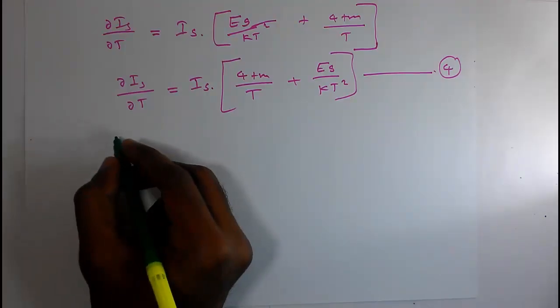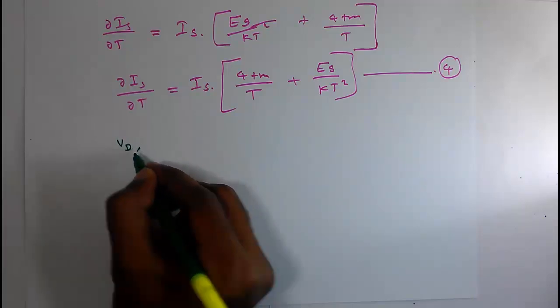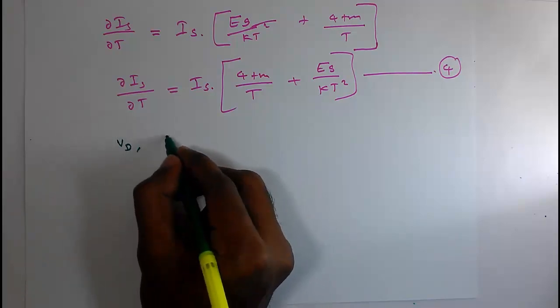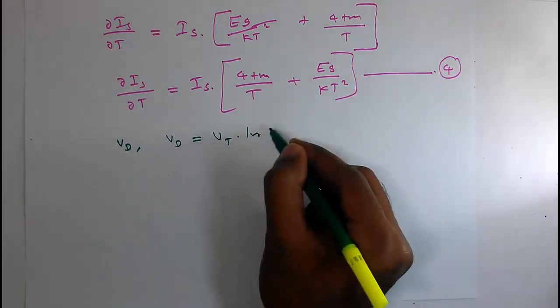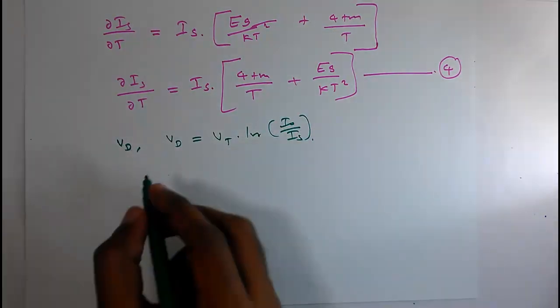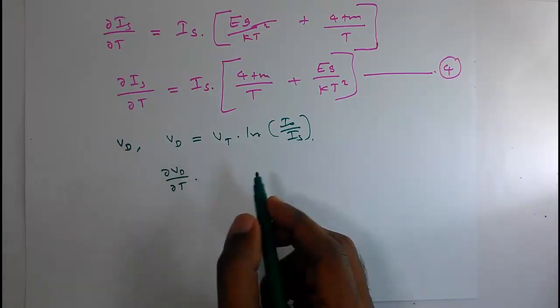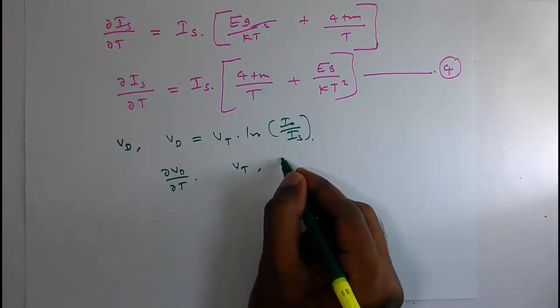So till now we found the expression for voltage across the diode, that we call Vd. Then we found Vd is equal to Vt into ln I0 by Is. Then we wanted to calculate dou Vd by dou T, and we found this Vd is dependent on Vt and Is.